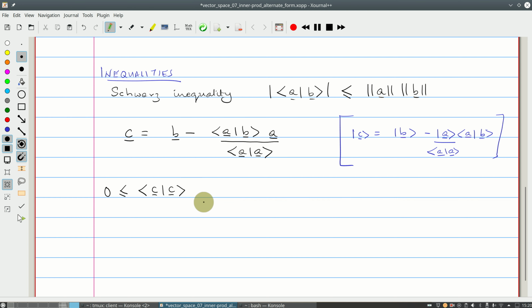Okay, now let's put in the expression for C. Sometimes I'm tempted to drop the bars under the vectors and simplify my life, but I will be a good mathematician and do this properly.